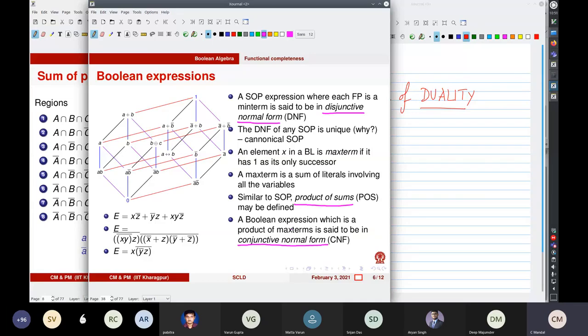When you consider a sum of min terms, that gives you a disjunctive normal form, and when you have a product of max terms, that gives you another canonical representation, which is the conjunctive normal form.